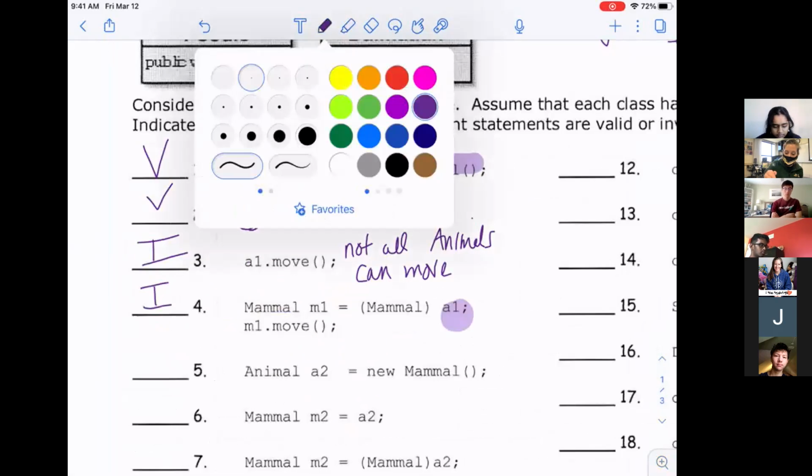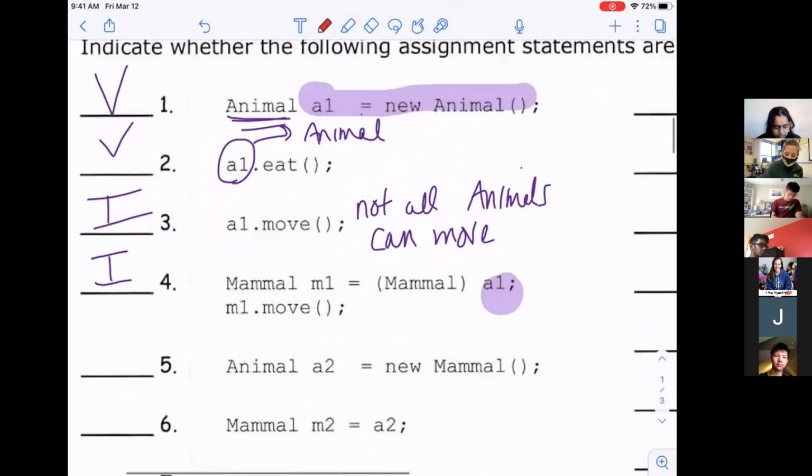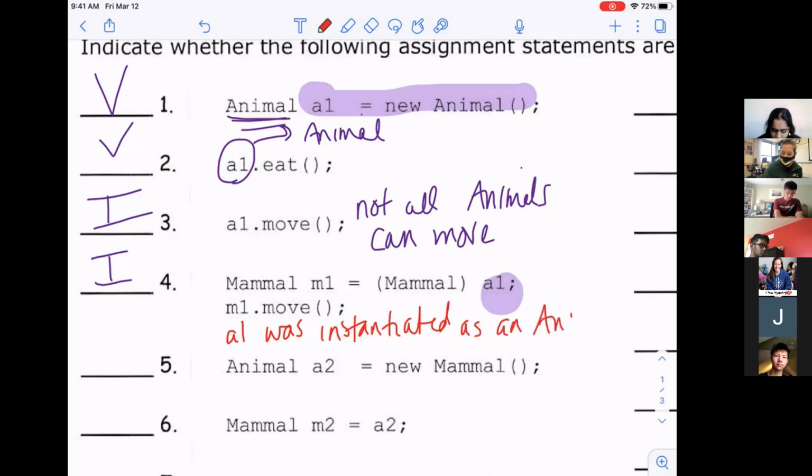And the reason why is because A1 was instantiated as an animal.